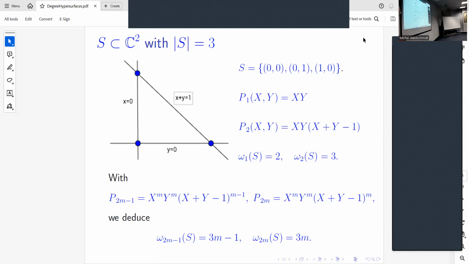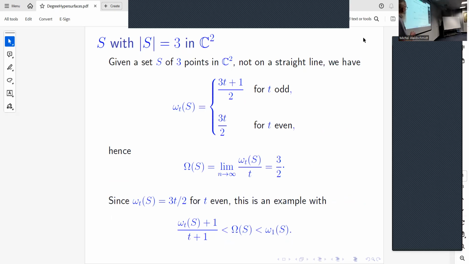In general, if you want to have a multiplicity which is at least 2n minus 1, you take a polynomial of degree 3n minus 1, you take n times this one, n times this one, and n minus 1 times this one, and omega 2n is 3n. So, in other terms, omega t of S for S a set of 3 points which are not collinear will be 3(t+1)/2 for odd t, or 3t/2 for even t.